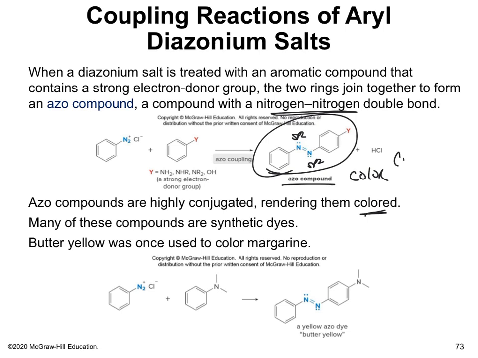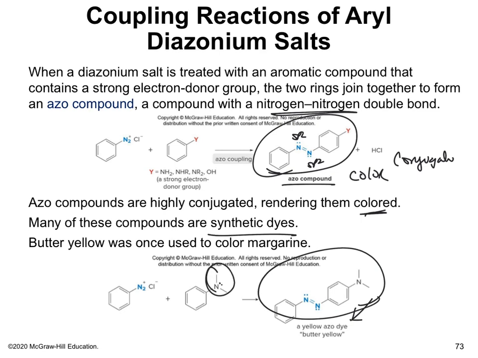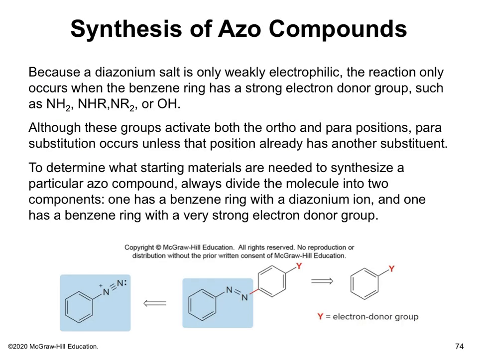So you have a lot of conjugation, and when you get a lot of conjugation, you get color. So these are our synthetic dyes. This makes a little butter yellow color with this amine here. Actually, it was once used to color margarine. That's horrifying. Okay, I don't want to be ingesting this.